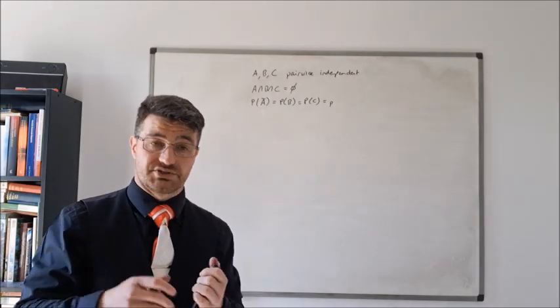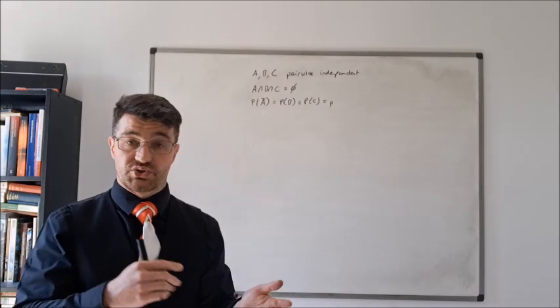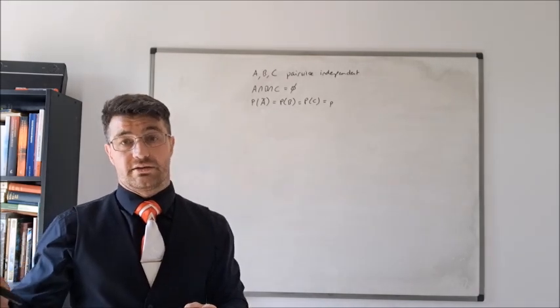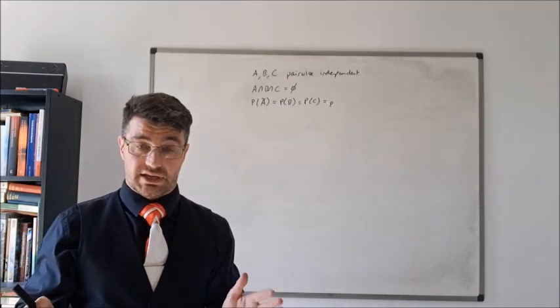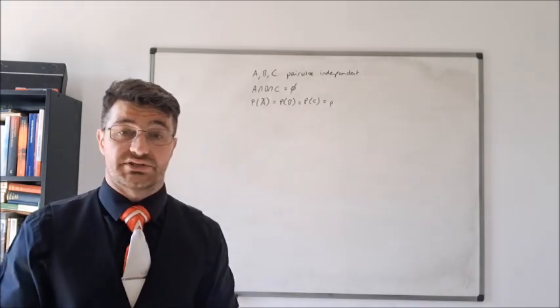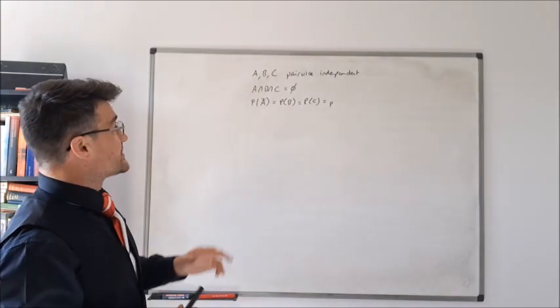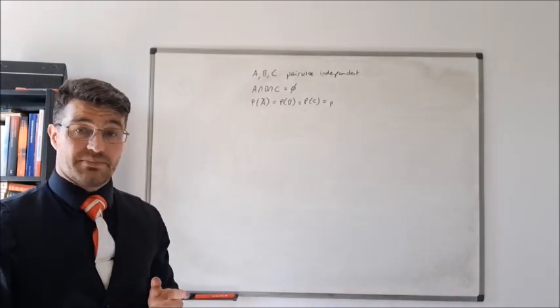But if we've got three events and they're pairwise independent, that doesn't mean that all three are independent. Okay, and this is a really important thing because it'd be very easy to fall into this trap, but it's just not true.